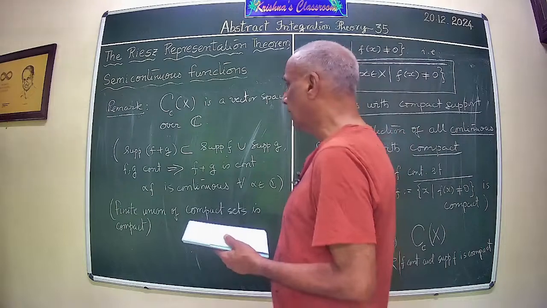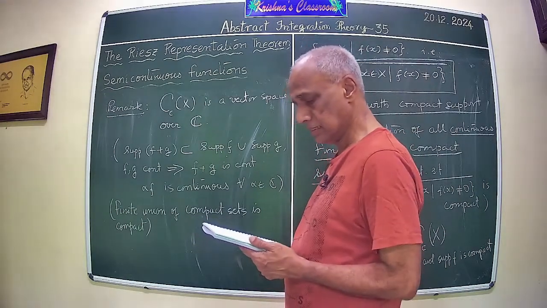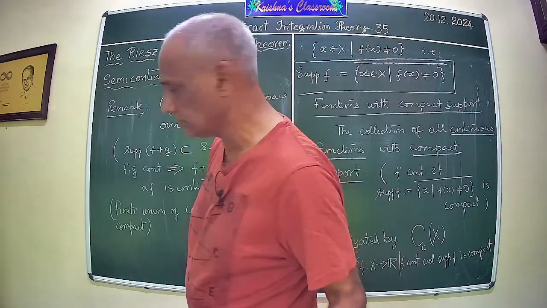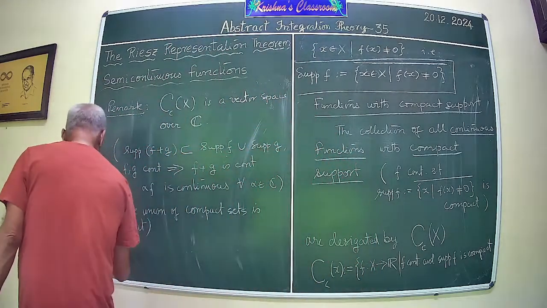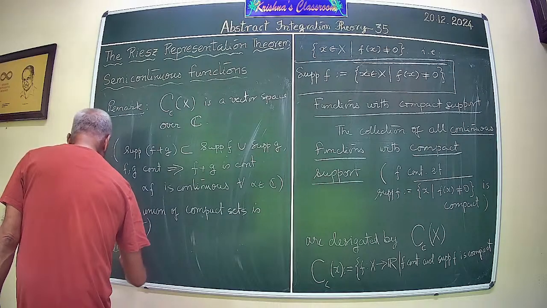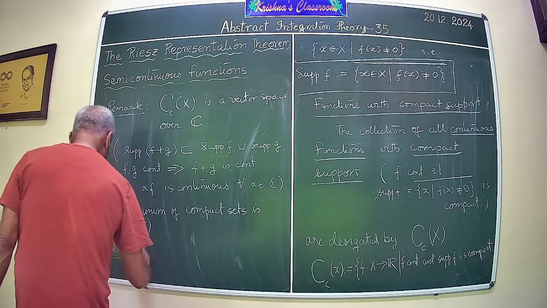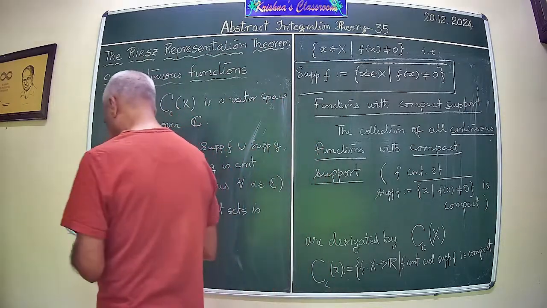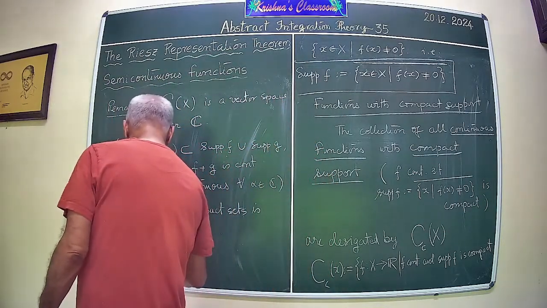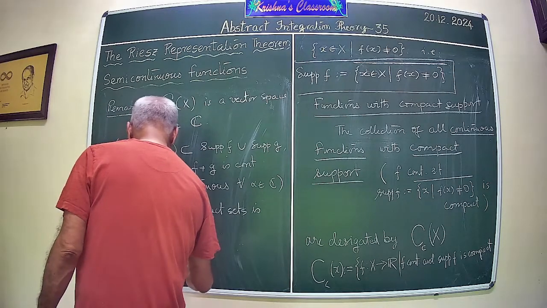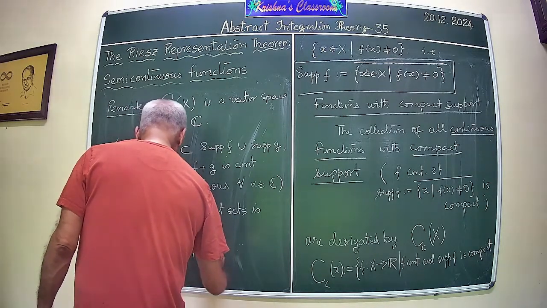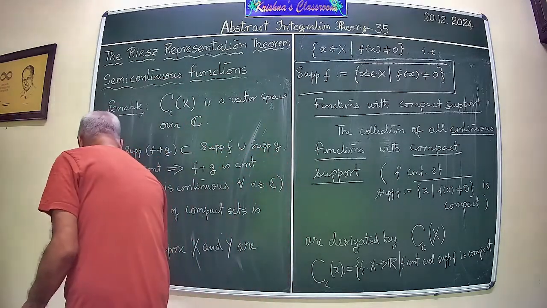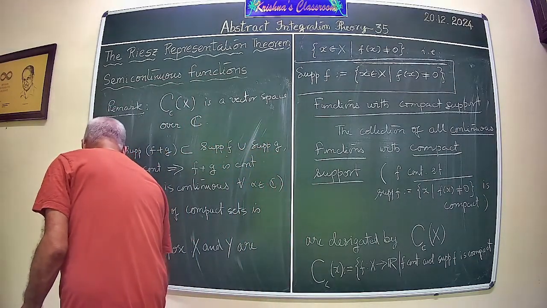Okay. Now let us prove a theorem which is a consequence of this definition. Suppose X and Y are topological spaces. It's a general theorem.